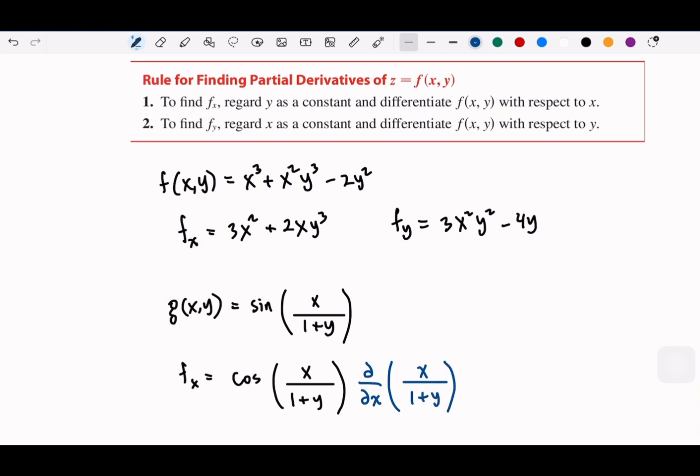And now we are making this as we did with this. So we are going to derive with respect to x and treat y as a constant, which means this will be this 1, right? 1 over 1 plus y. So this will be cosine, right? And then this will be multiplied with 1 over 1 plus y.